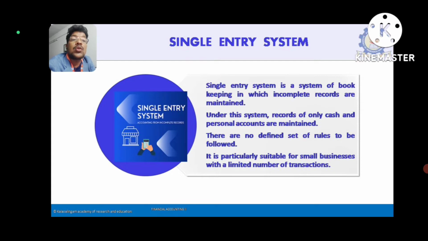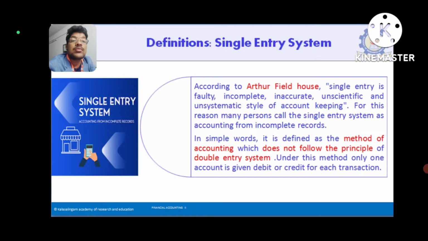There is no defined set of rules to be followed in the single entry system as compared to the double entry system. It is particularly suitable for small businesses, like small trading organizations, sole trader organizations, or small partnership businesses. It is only suitable for small businesses.